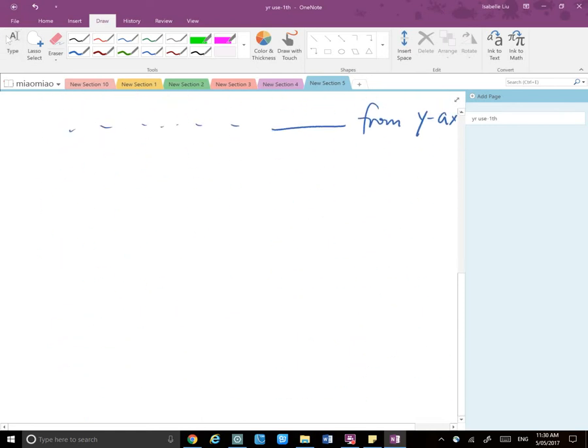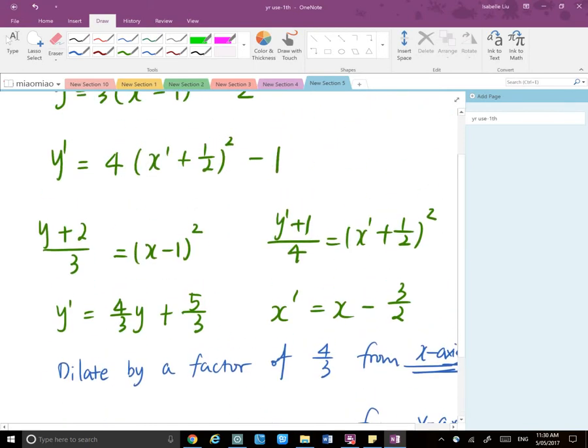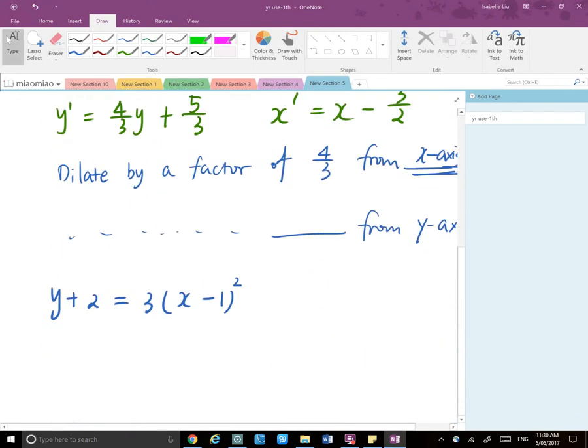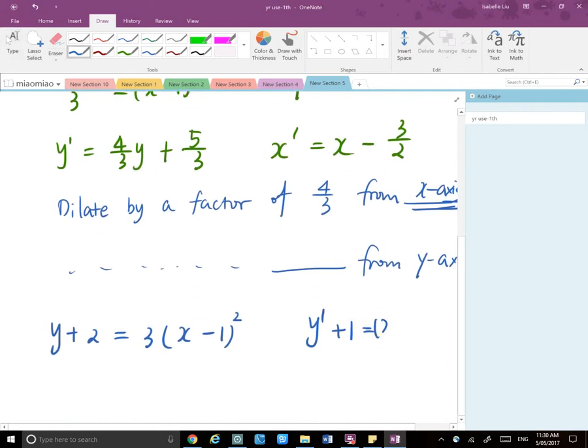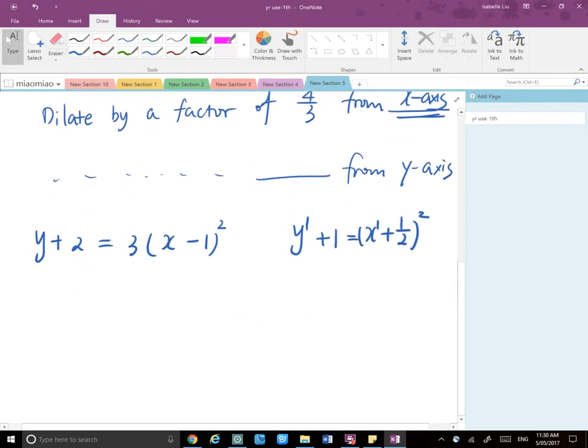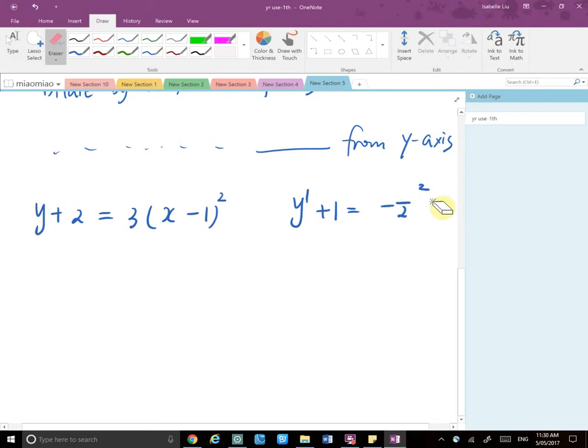Therefore, let's do this. We have y plus 2 equals 3 times x minus 1, squared. And we also have y dash plus 1 equals 4 times x dash plus a half, squared.